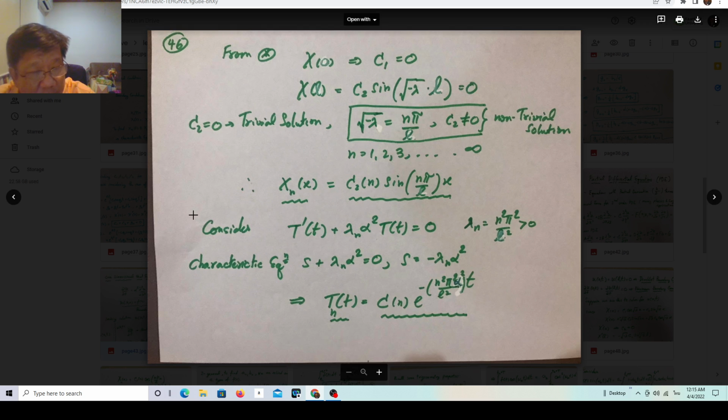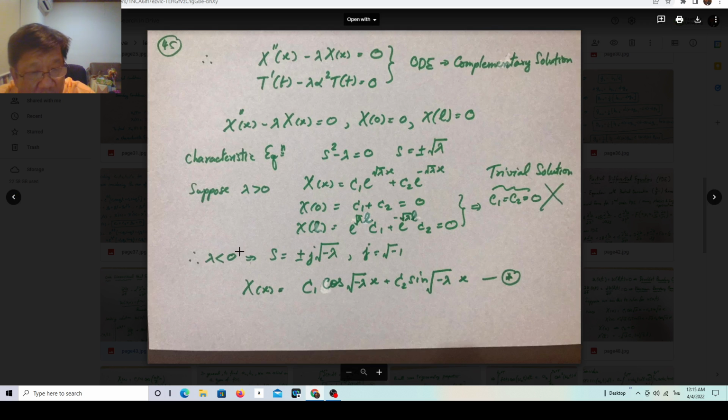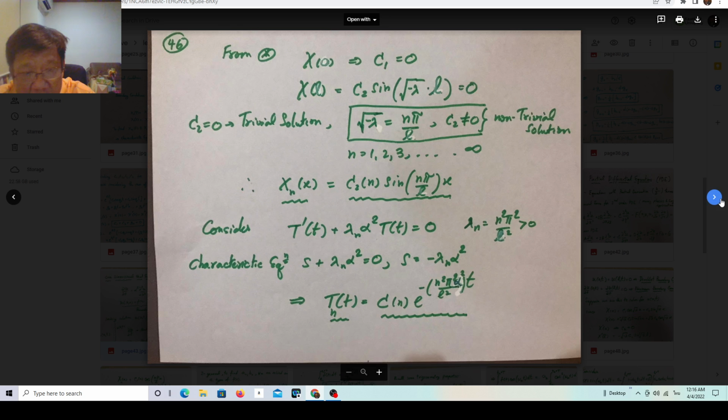With the minus lambda here, the original equation has a minus sign, and lambda has the minus sign, right? Because minus times minus becomes plus. That's why this equation becomes a plus sign.